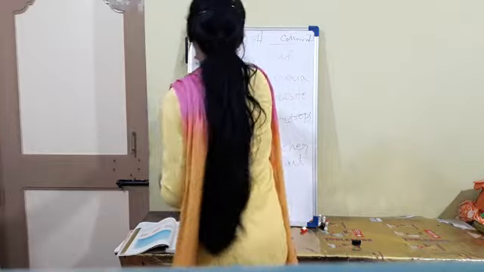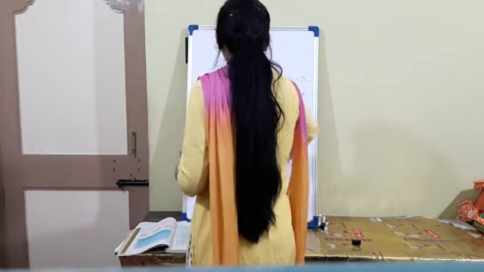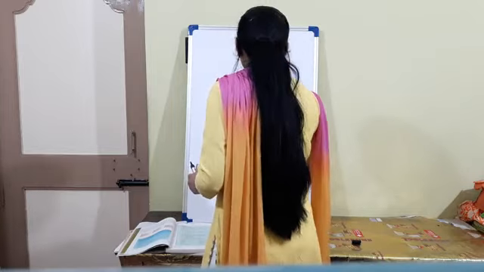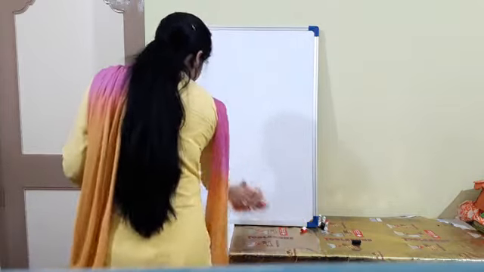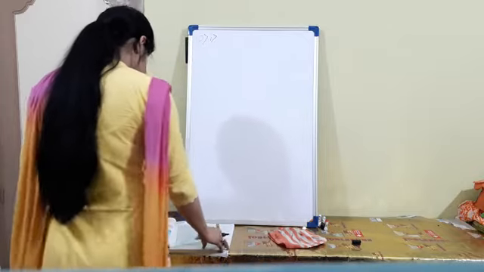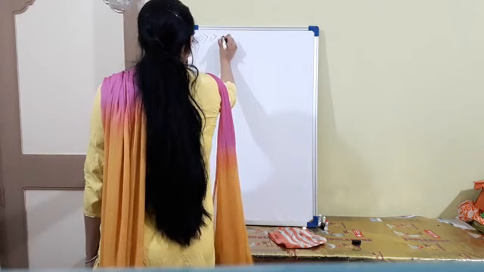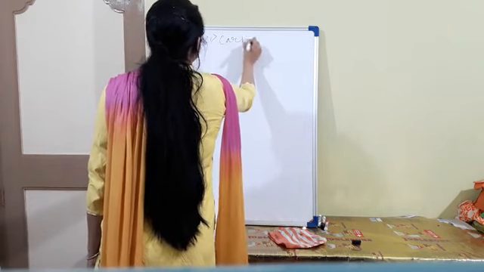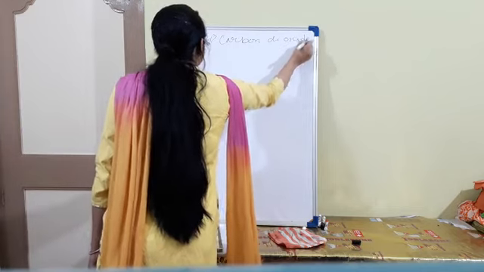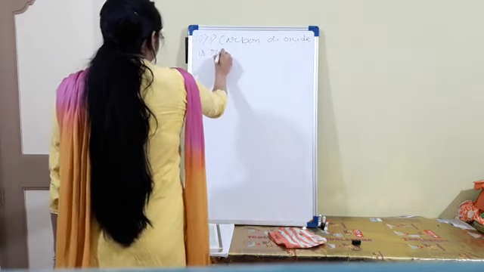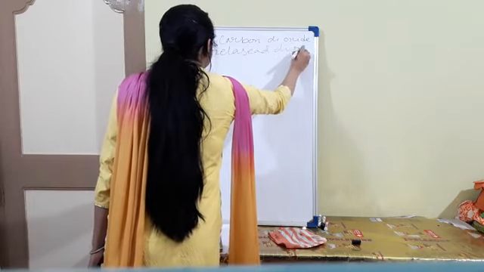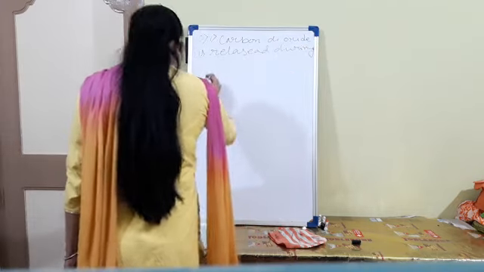Question number 10. There is true and false. We will discuss whether the sentence is true or false. Question number 10, first question: carbon dioxide is released during photosynthesis.